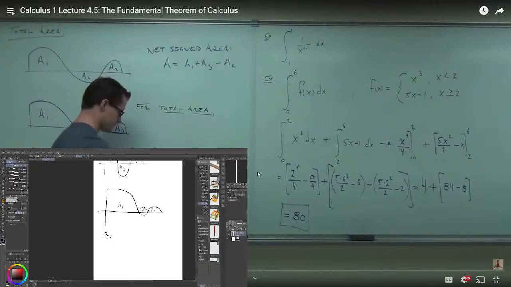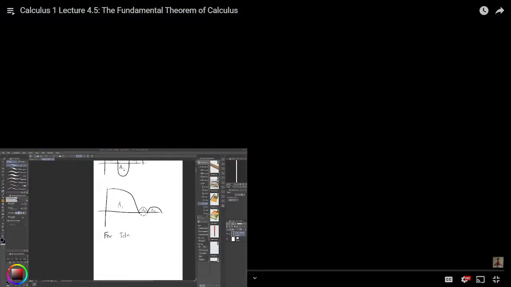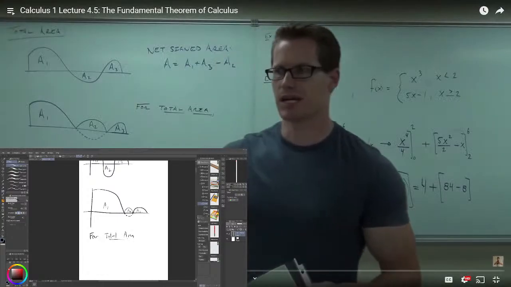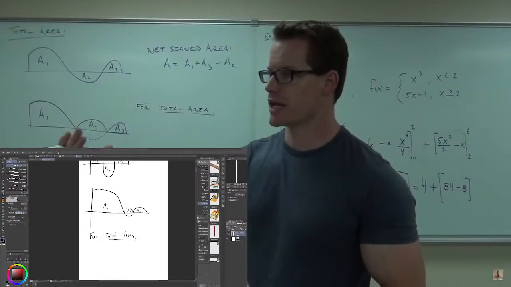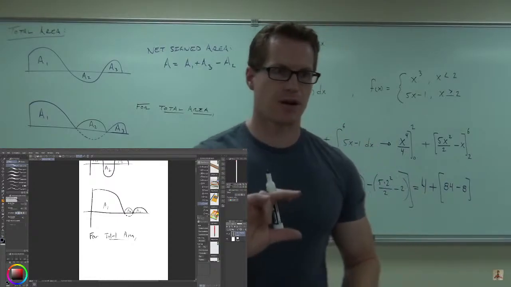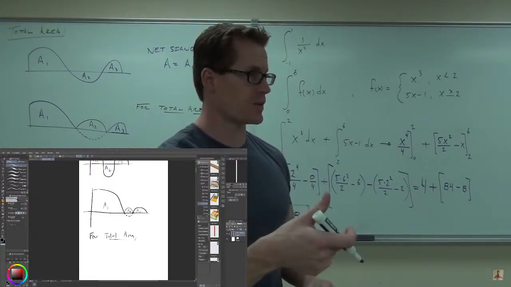For total area, we need to change the sign of area 2. In other words, if you kind of go on further than this, you say, well, I want to change the sign of any area that's below the x-axis. If I can do that, then that negative area actually counts as positive area, and we add it up together.